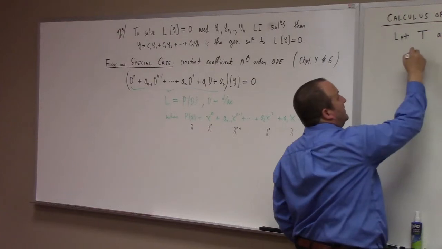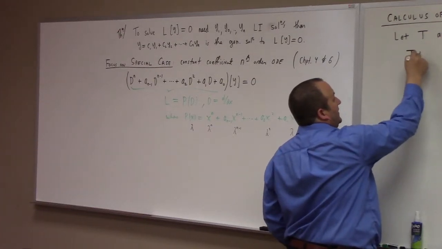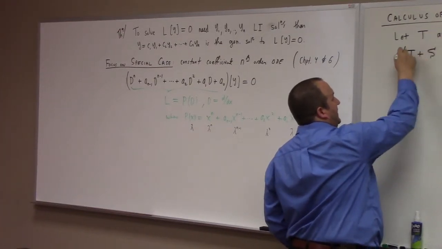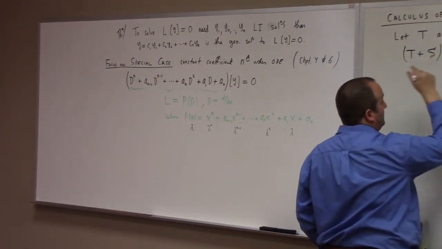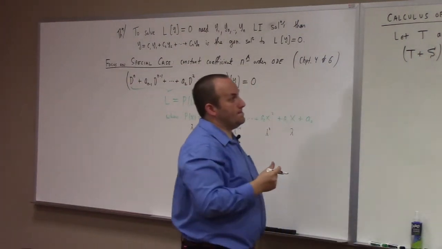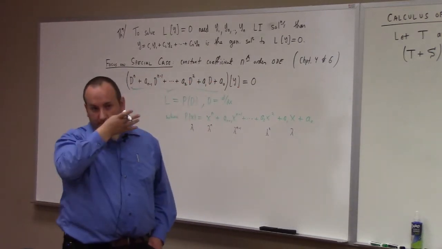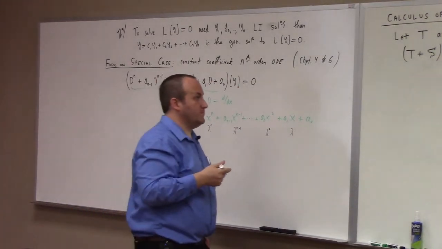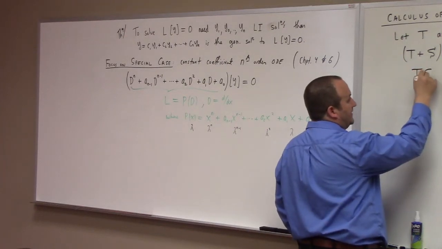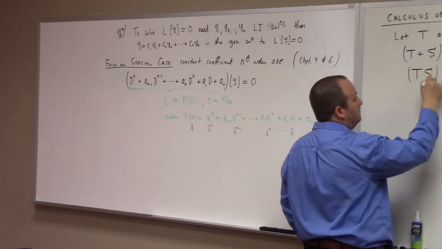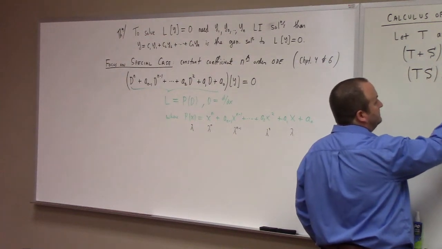We make the following definitions. If we have T plus S and they act on a function, how does that work? And how about if we multiply T times S? What should that mean? These are the things I need to define.